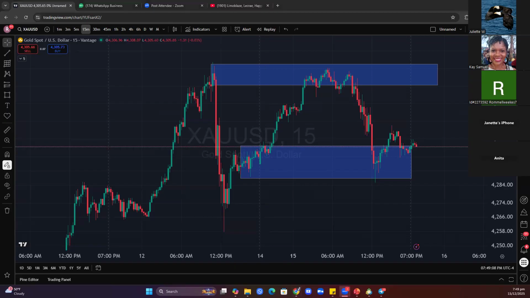So these areas that we marked out would be considered your order blocks. This is where basically all the orders went into the market.